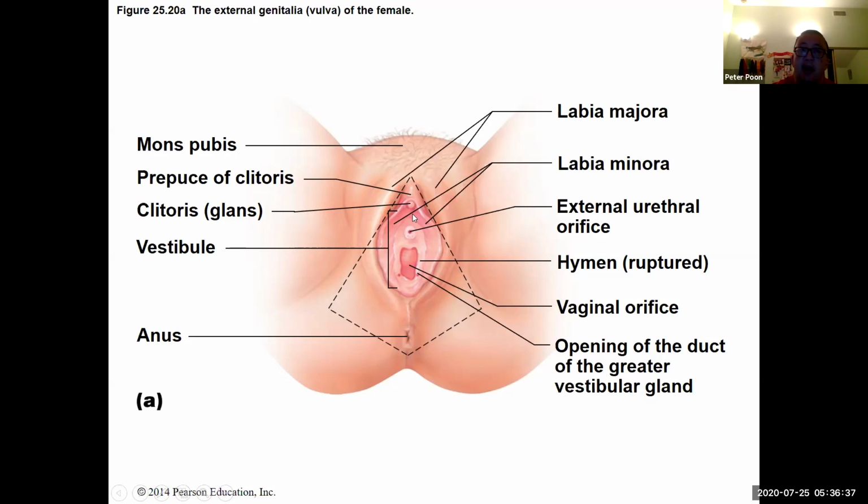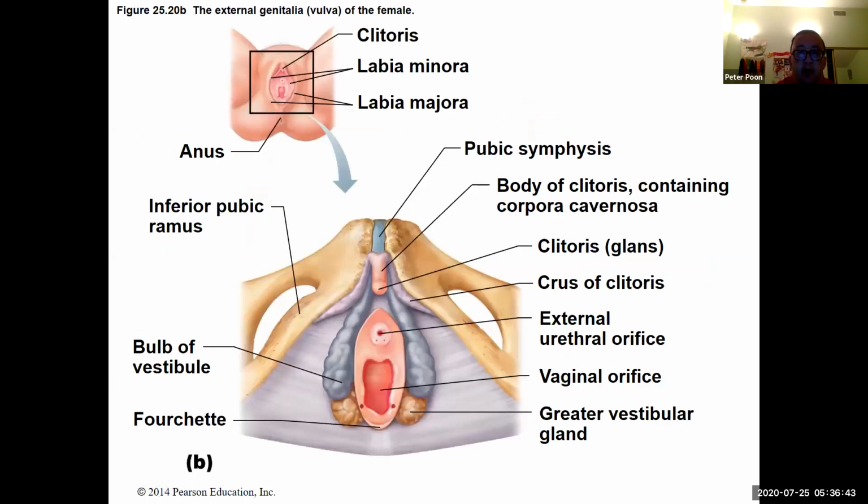That's the same as the foreskin in the male. And if you remove all that tissue, you can see it looks exactly the same. You have glands, you actually have the corpus cavernosa, you're just missing the urethra, the spongiosum, because that's down here.